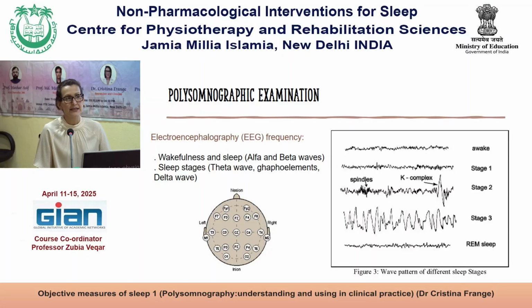And each stage has its specific brain waves. So the technicians see the waves, and we have specific rules determined by the American Academy of Sleep Medicine. And the technician can read these waves and create a final report that the physician signs, okay?